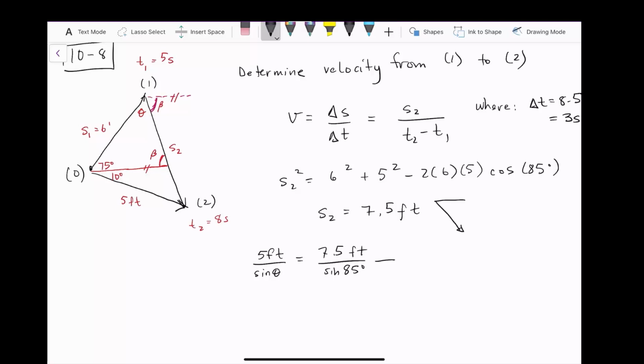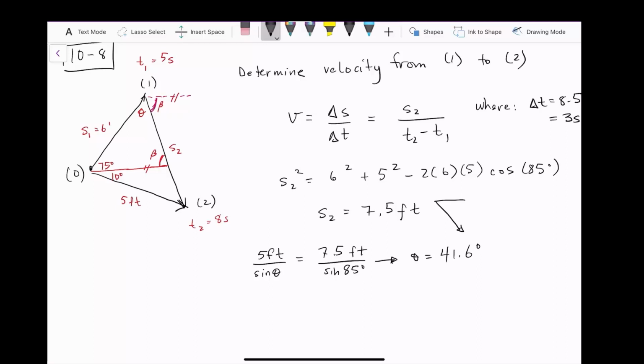So from there, we rearrange and we solve for theta, and you will find that theta is equal to 41.6 degrees.